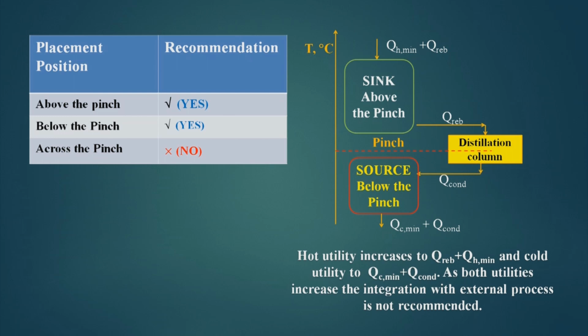In that scenario, what should be done? You will see that we have to increase the pressure of the distillation column to take it above the pinch area, or decrease its pressure to bring it below the pinch area. When I am increasing or decreasing the temperature of the distillation column, I am basically affecting the Q reboiler and Q condenser.